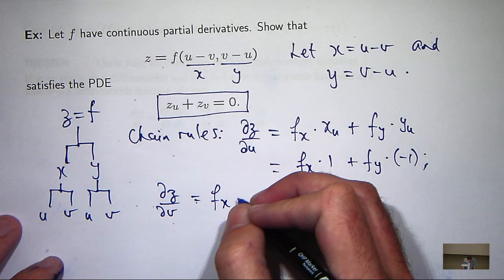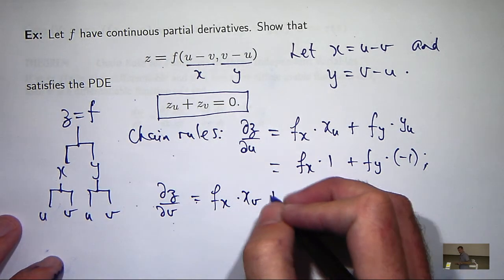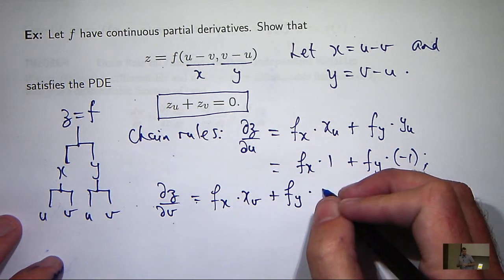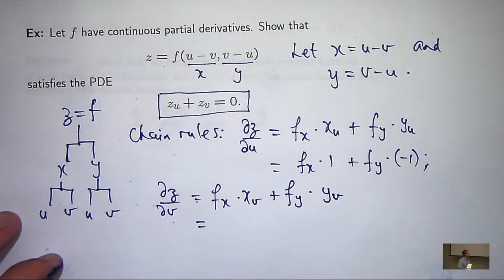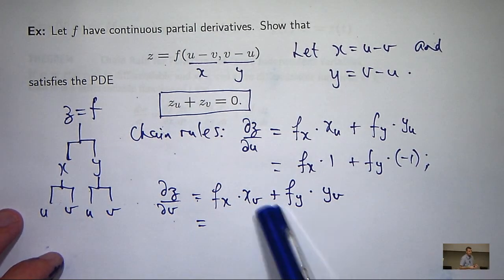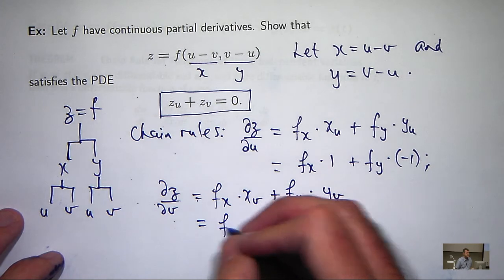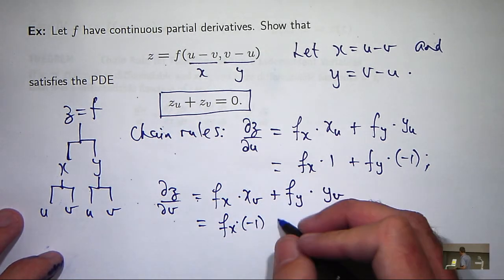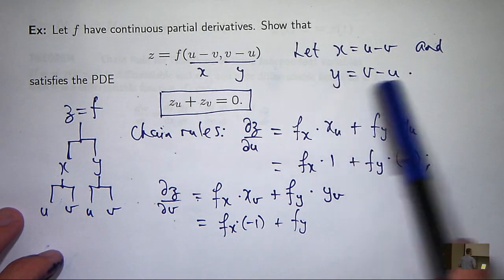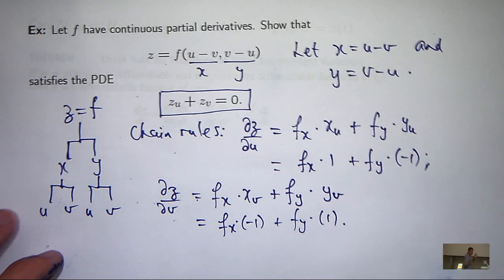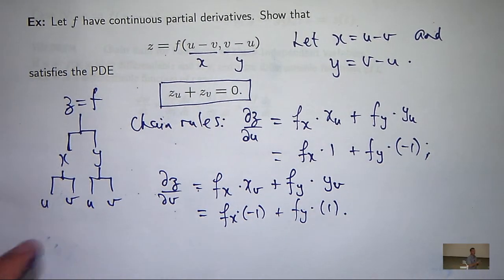So what I'm going to do is take these two expressions, sub them into the left-hand side, and see if they all cancel out. If that's true, then the equation will hold, and functions of this type will be a solution to this equation.